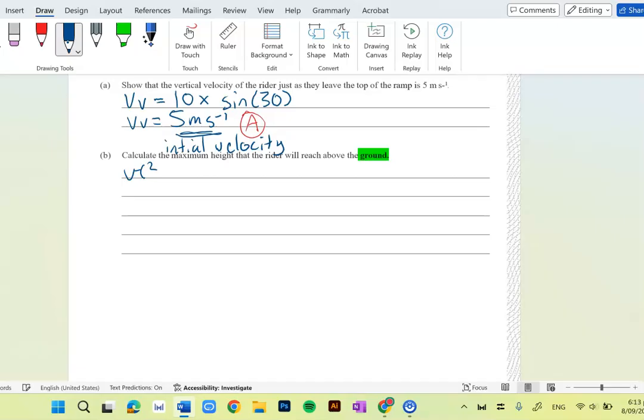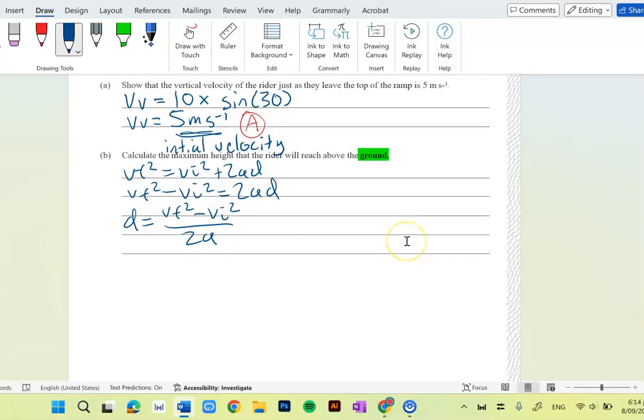So we're going to use this equation here. VF squared equals VI squared plus 2AD. We're trying to find D, so we've got to rearrange for D. So VF squared minus VI squared equals 2AD. That means D is just equal to VF squared minus VI squared over 2A.